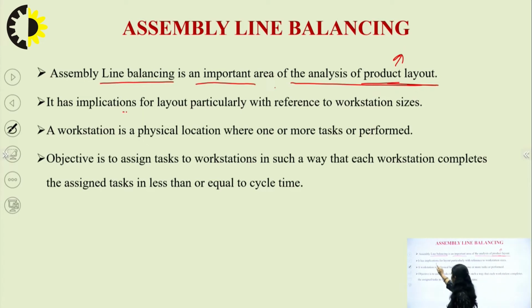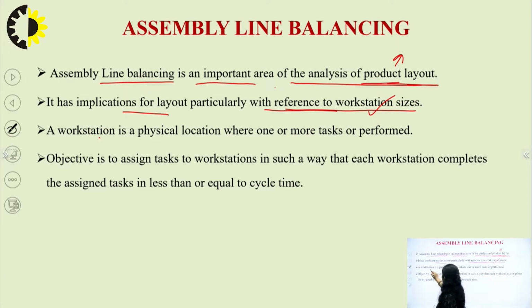It has implications for the layout, particularly with reference to the workstations. So we use assembly line balancing in assigning the tasks to different workstations. We will assign the tasks to different workstations and we will decide the size of those workstations.